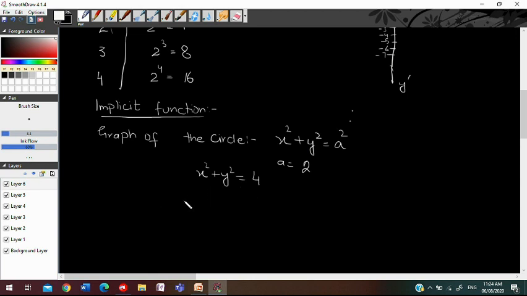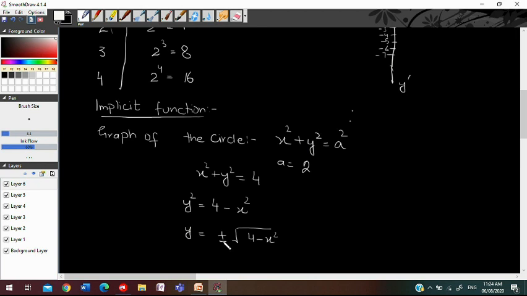We try to separate these variables. So y square is 4 minus x square, and when we take the square root, we have y is equal to plus minus under root 4 minus x square. This means at the same time we have two values for y, one positive and the second negative.